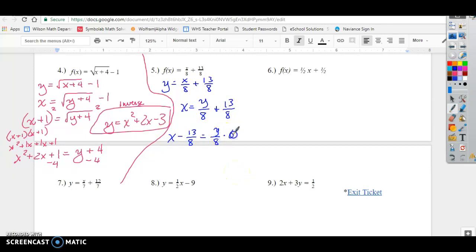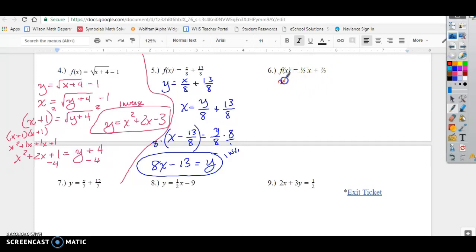Now, we want this to be 1y, so we multiply both sides by 8. This will be 8x minus 13 equals y. Okay? Now, just to help you out here, 8 divided by 8 is 1. That's why this is just 13. 8 times x is 8x. And then 8 divided by 8 is 1y. Right? So this is our inverse.